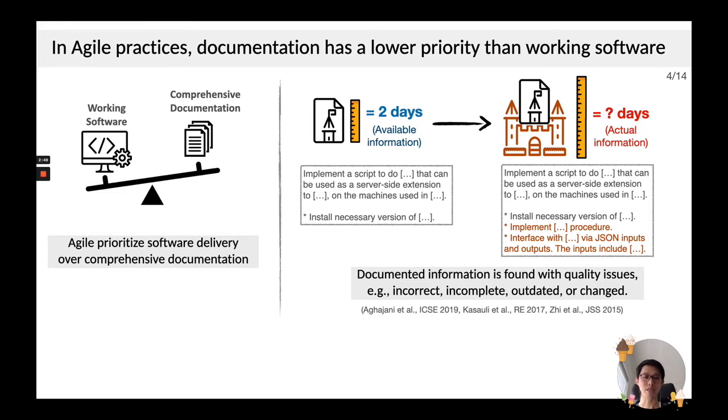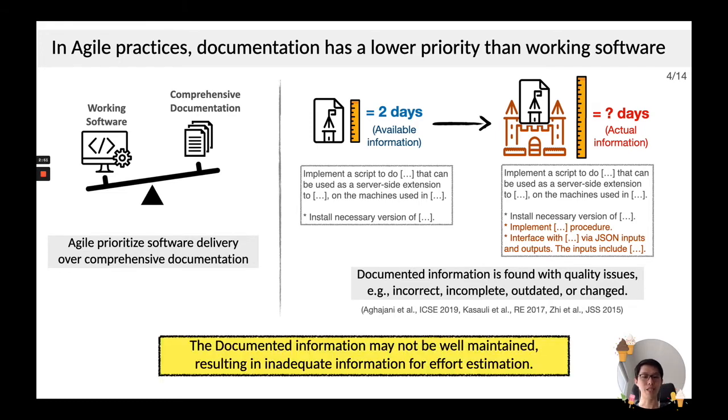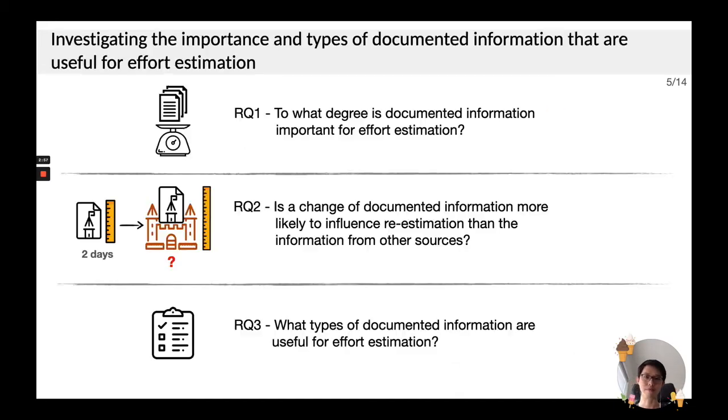Our hypothesis is that the documented information may not be well maintained, resulting in inadequate information for effort estimation. To help the team save their documentation effort while achieving accurate effort estimation, we will resolve these 3 RQs. In RQ 1, we investigate the degree that documented information is important for effort estimation.